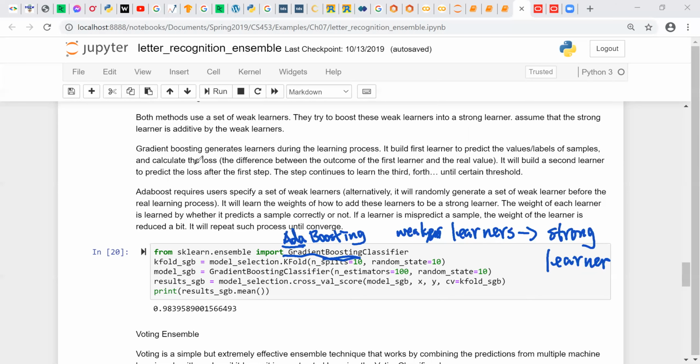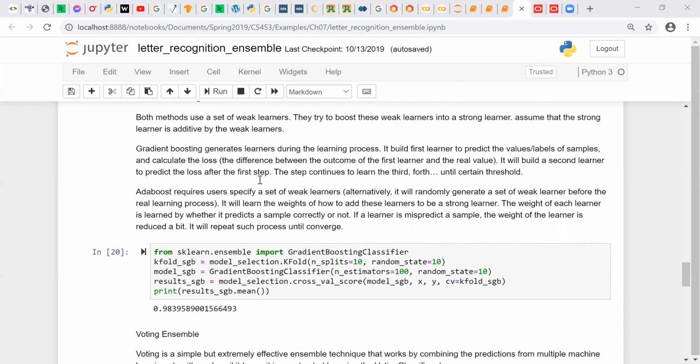It calculates the loss, because gradient is regarding the cost function. So it uses the loss to do the adjustment about the wrong, erroneous samples. That's how it does. So that's the difference between AdaBoost and gradient boosting.